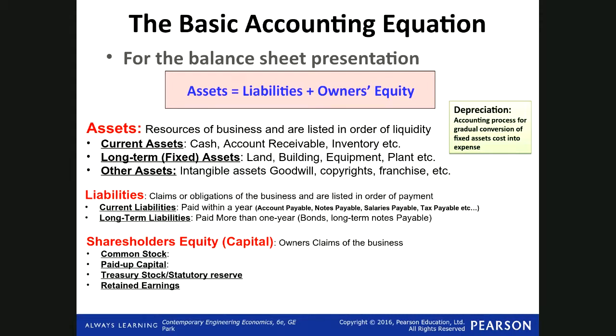What are they? They are cash. Cash means the money you have in your pocket or in your bank account. Account receivable. What is account receivable? In business, when we sell anything on credit, it means you sell something and the customer doesn't pay you cash, right? The customer will pay you cash after 3 months or after 1 month, whatever your credit terms.